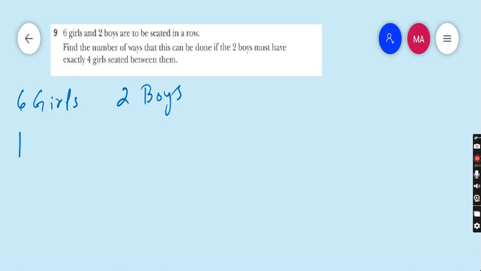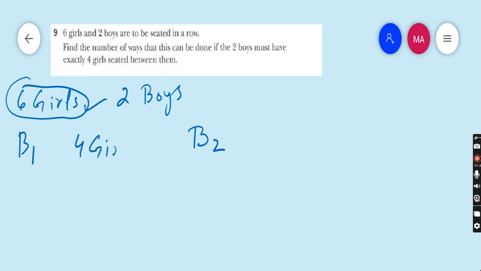For example, this is boy 1 and this is boy 2, and out of 6 girls we have to take 4 girls in the middle. Now the remaining 2 girls can be seated after the second boy or before the first boy, so no restriction for the remaining 2 girls.